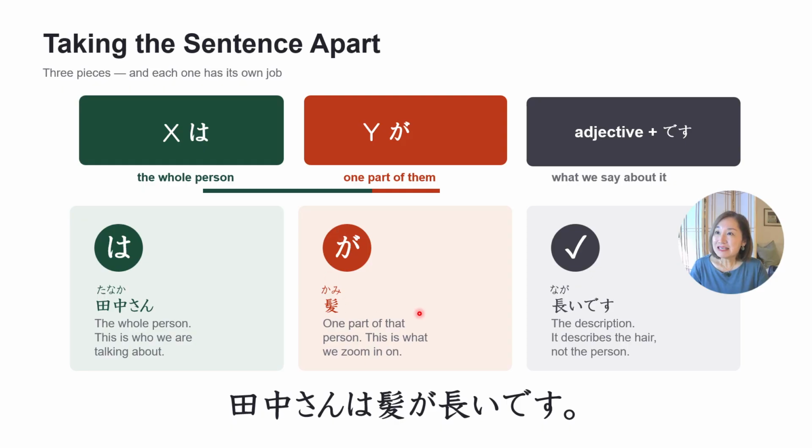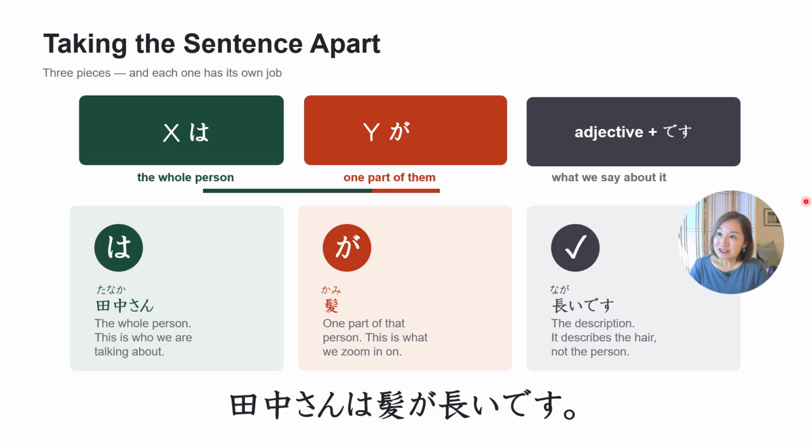Then 髪が. Kami means hair. So now we've moved from the whole person to the specific part we're describing. And finally, 長いです is long. So 長い is describing the hair, not Tanaka-san.